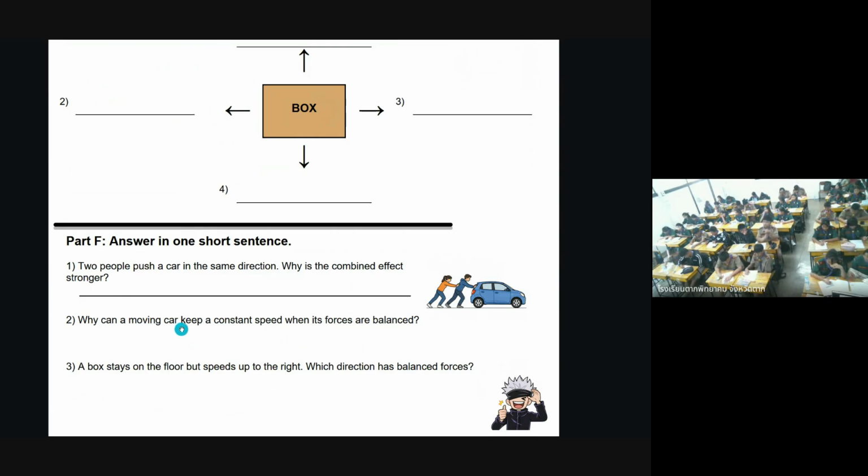Why can a moving car keep a constant speed when its forces are balanced? Because balanced forces cancel each other out.